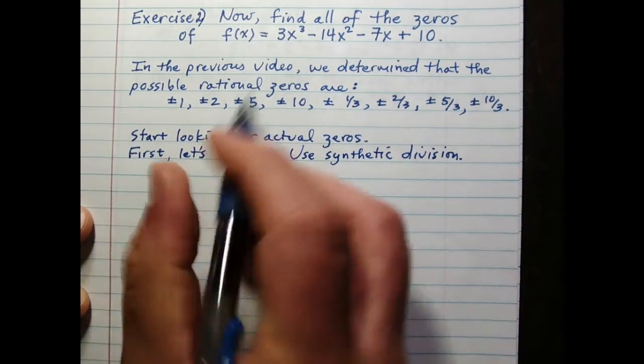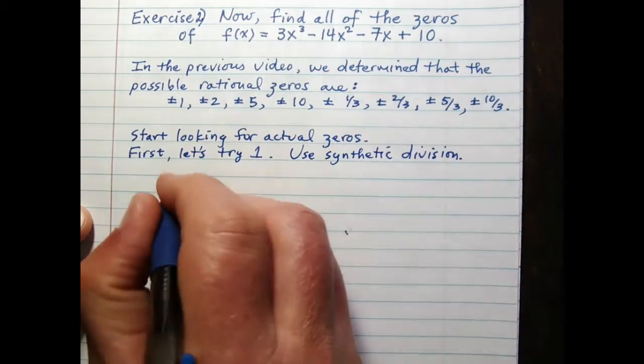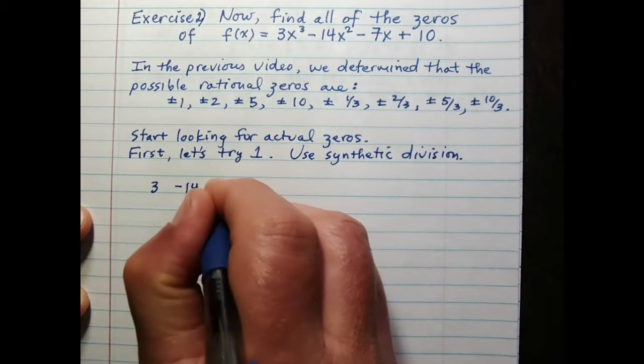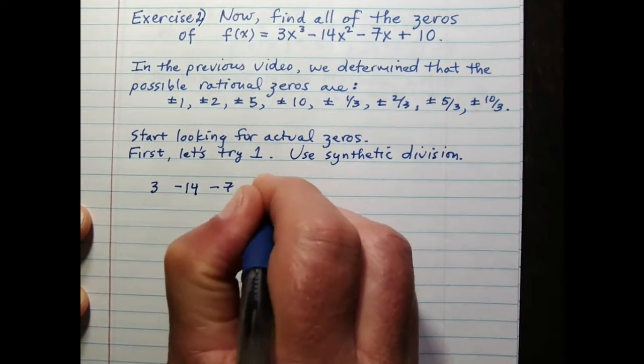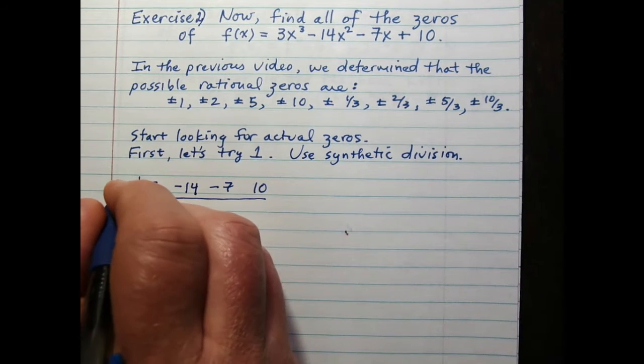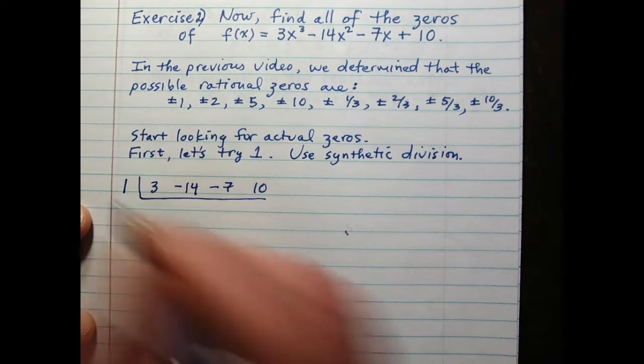So I'm going to write down the coefficients of my polynomial f, 3, negative 14, negative 7, 10. And in front, I'm going to write just a 1.